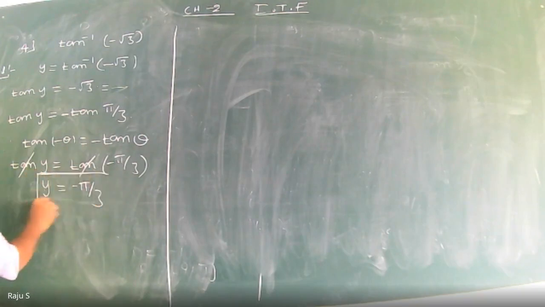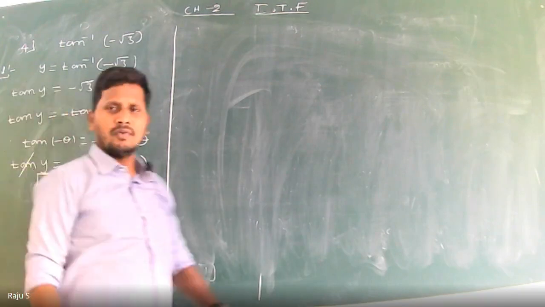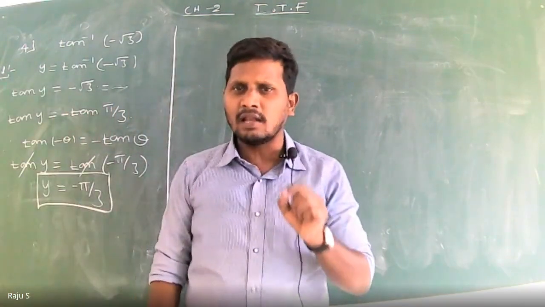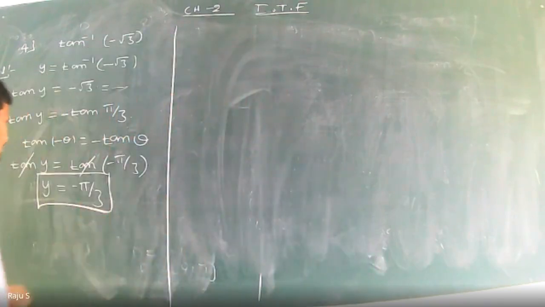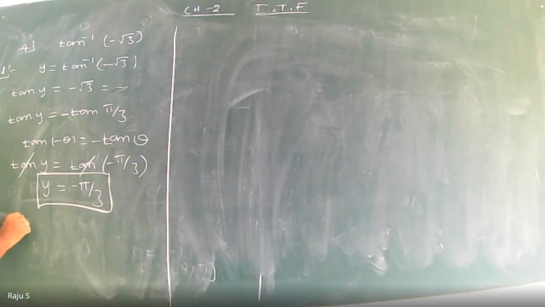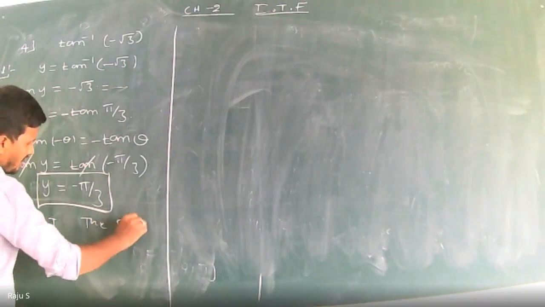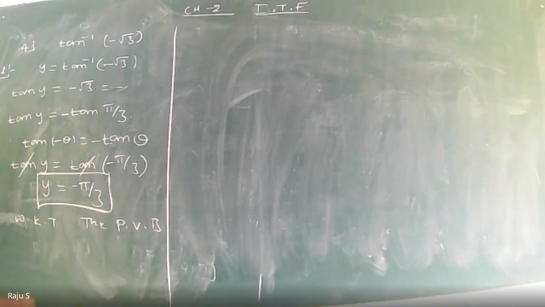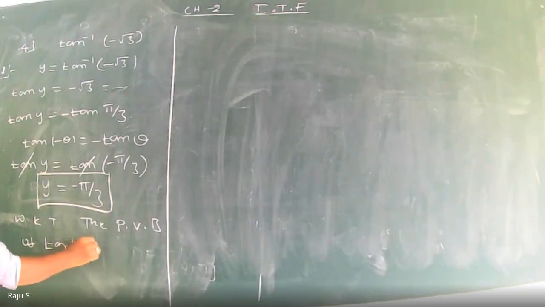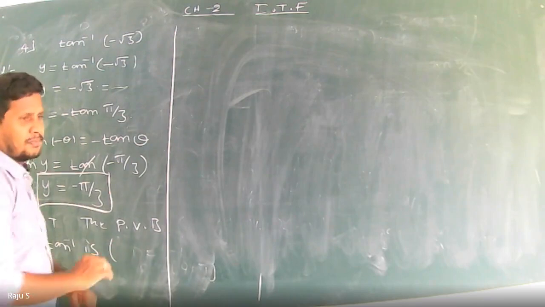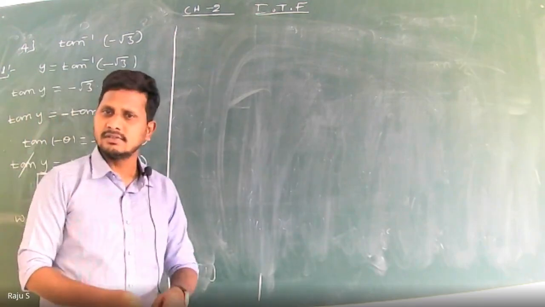Now what we have to do: we know the principal value branch, PVB, of tan inverse. Can anyone say the principal value branch of tan inverse?